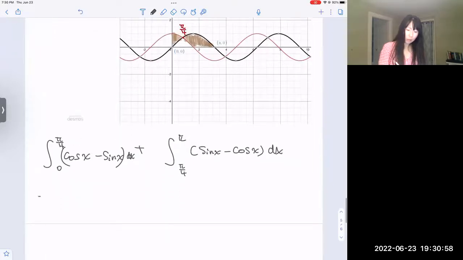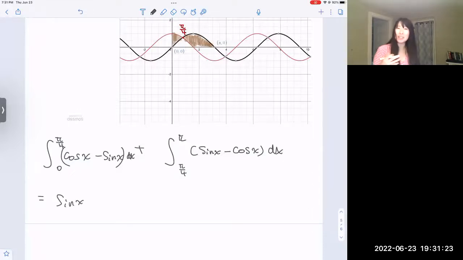Now what's the antiderivative of cosine? Sine, good. So we have a sine.